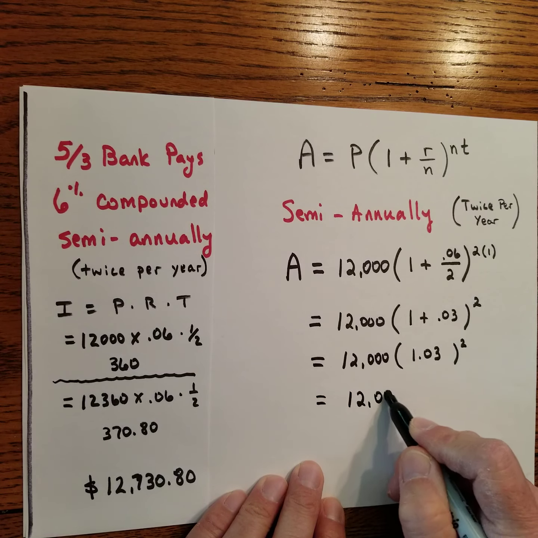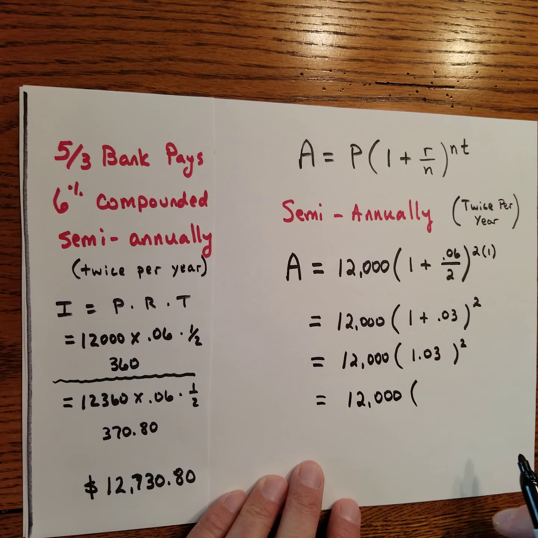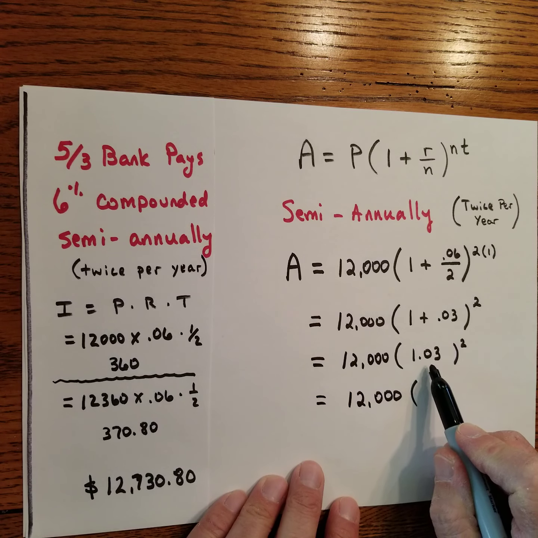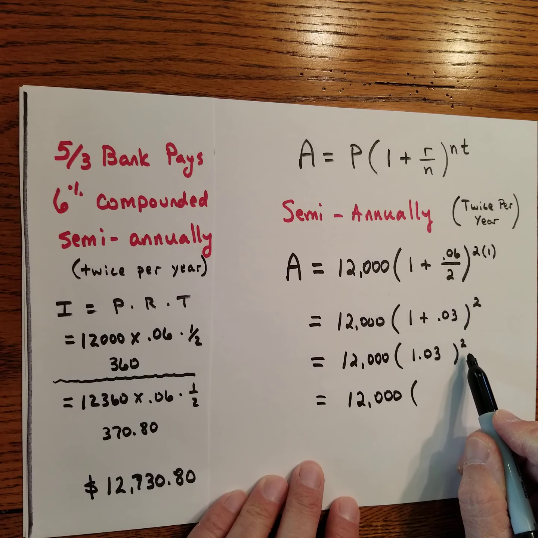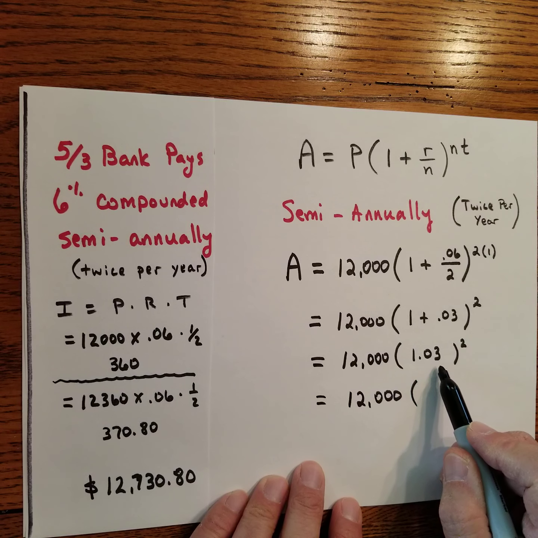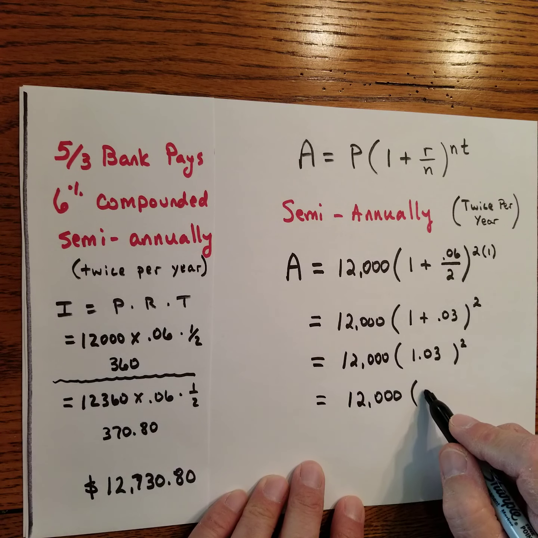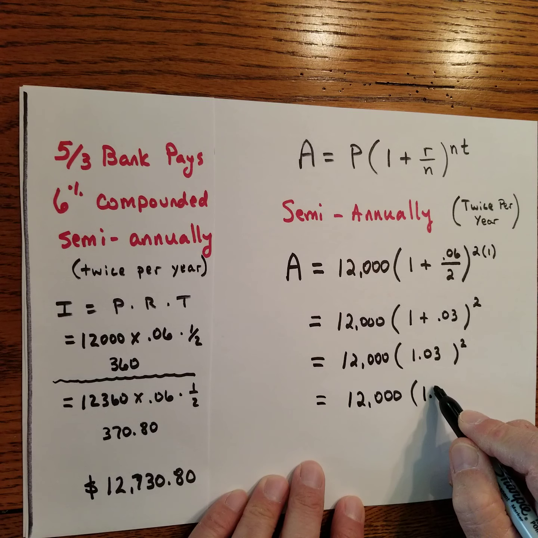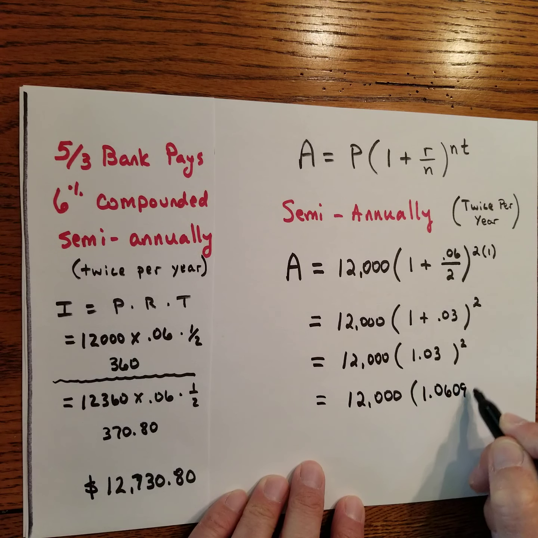Copy the 12,000. And on your calculator, take 1.03 to the second power. Do you know how to take things to a power on your calculator? 1.03 to the second power is 1.0609.